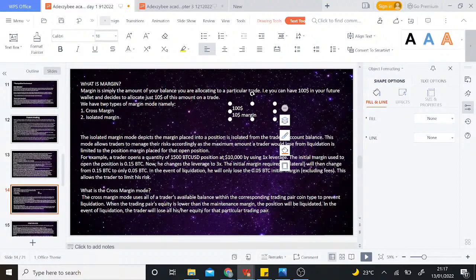But originally this amount is your margin. That's what will be deducted from your capital once you put the trade. Do you understand? That is what margin is.